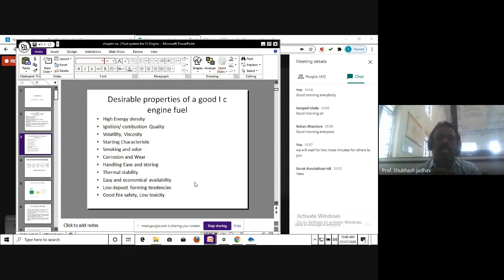First point is desirable properties of a good IC engine fuel. We know that we need a fuel for the engine. Where did this idea come from? When we discussed chapter number one, we said that the initial research on engines started by assuming that if something can be burned in a lamp, then it can be burned in an engine also.